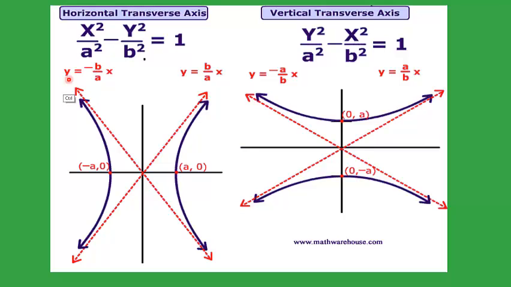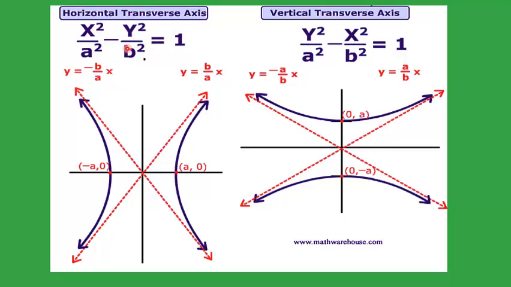Now these are the general equations of the hyperbolas. In this particular case, we have our principal axis parallel to the x-axis, and the center at 0 comma 0. If we have a center at h comma k, simply x will be replaced by x minus h, and y will be replaced by y minus k. So the equation for this curve is x square upon a square minus y square upon b square equals 1.